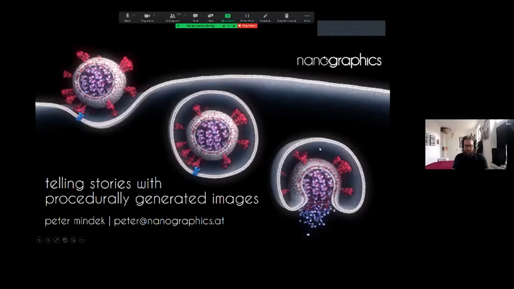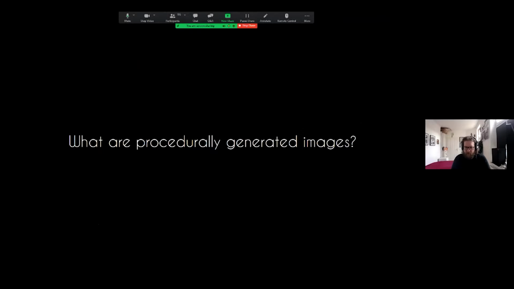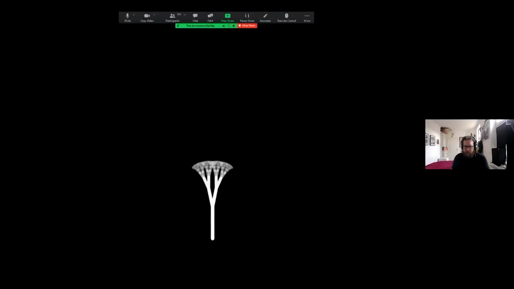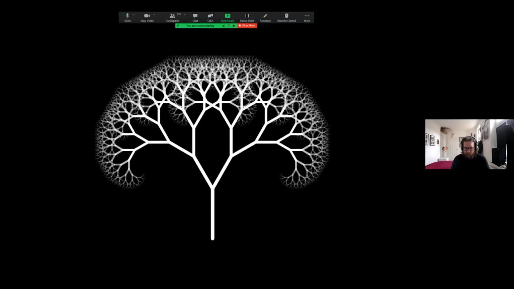All right. So I will be talking about telling stories with procedurally generated images. So what are these procedurally generated images? Basically, they are images created by computer algorithms where we have a precise set of instructions which are creating the image. We can do different things with it.